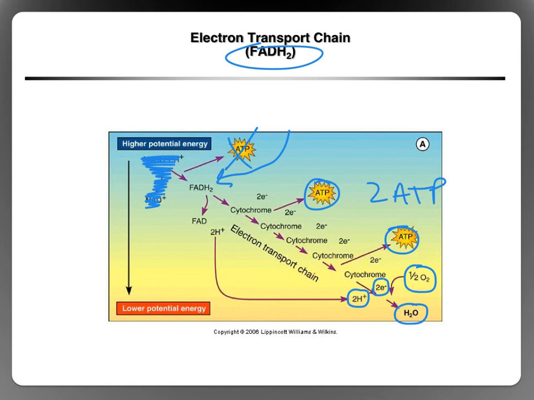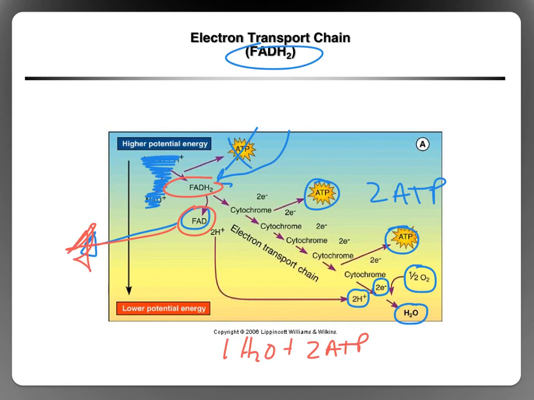Everything else is identical. FAD goes back, picks up more hydrogens and electrons. So we started with FADH2. We end up with 1 water, 2 ATP, and that FAD, which goes on to get more hydrogens and electrons and bring them back.